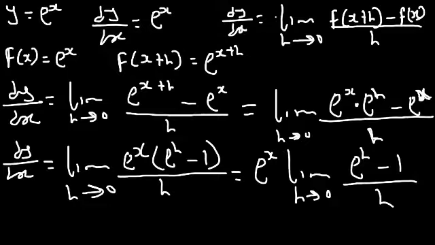Excellent. So at this point, we want to do some manipulation. Let's consider e to the power of h minus 1 to be equal to some number k or n. To make things easy, let's use n.